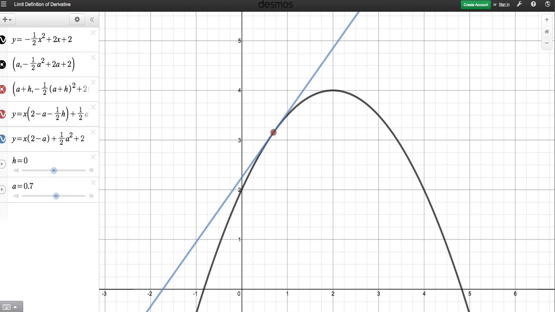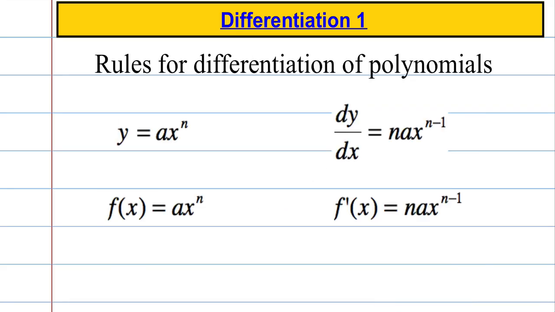Now, as I said, I'm not going to derive these from first principles. Do check out the other video if you want to see how that works. What I'm going to do is focus on the rules of differentiation, the first few rules, notably differentiating polynomials.